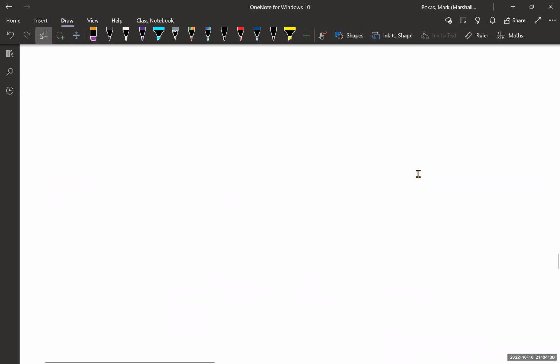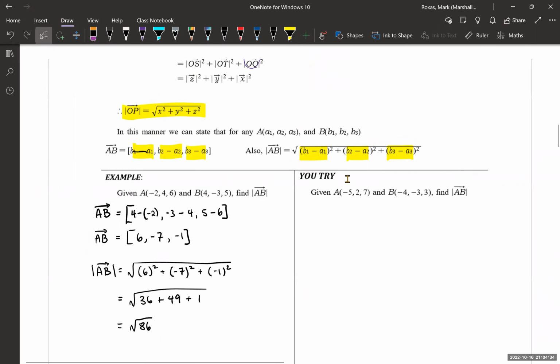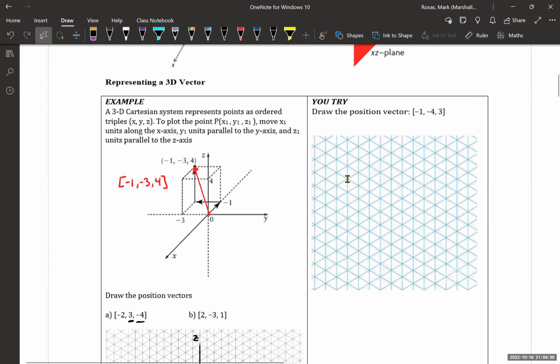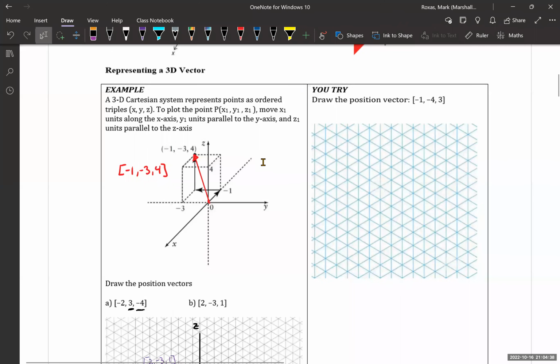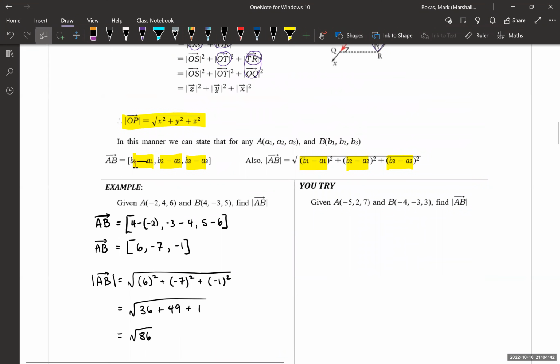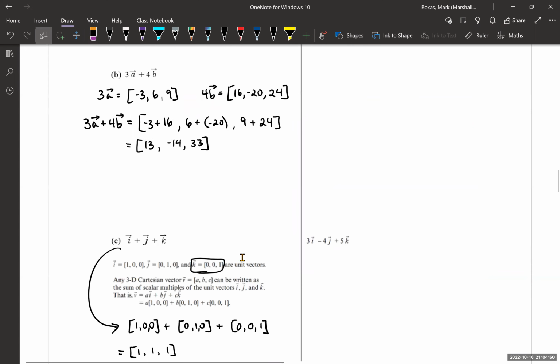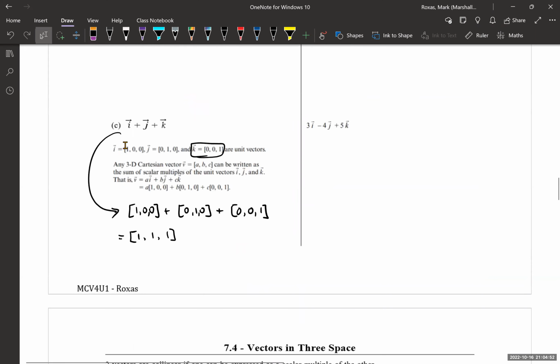Okay, so that's the whole lesson, just looking at 3D vectors. Recapping everything we did: how do you represent a vector in 3D space, how do you find the magnitude of that vector, how do you write the vector algebraically given coordinates. And then our operations on vectors: adding, subtracting, scalar multiplication, unit vectors.